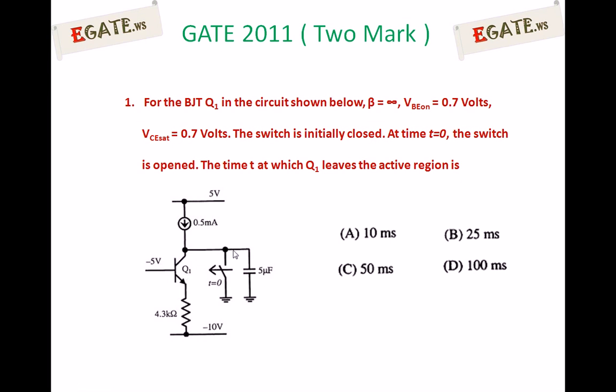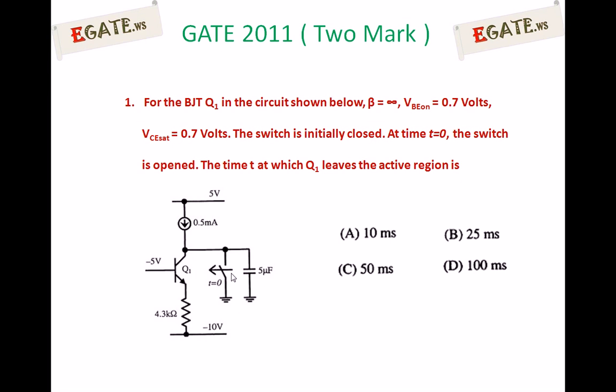Whenever the switch is opened, the current can be shared. Now the current can go through this Q1 as well as through this capacitor. By the time the switch is open, the Q1 transistor comes into the on condition, and after some time it comes into the saturation region. So what is that time when it is entering the saturation region?